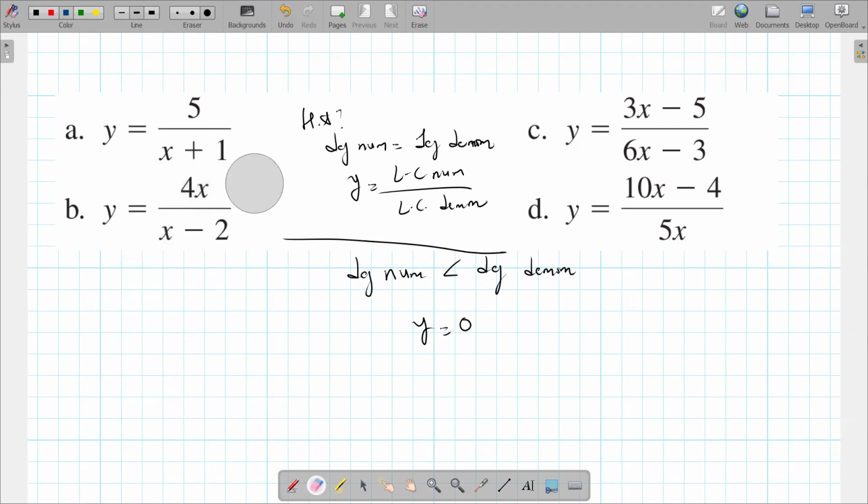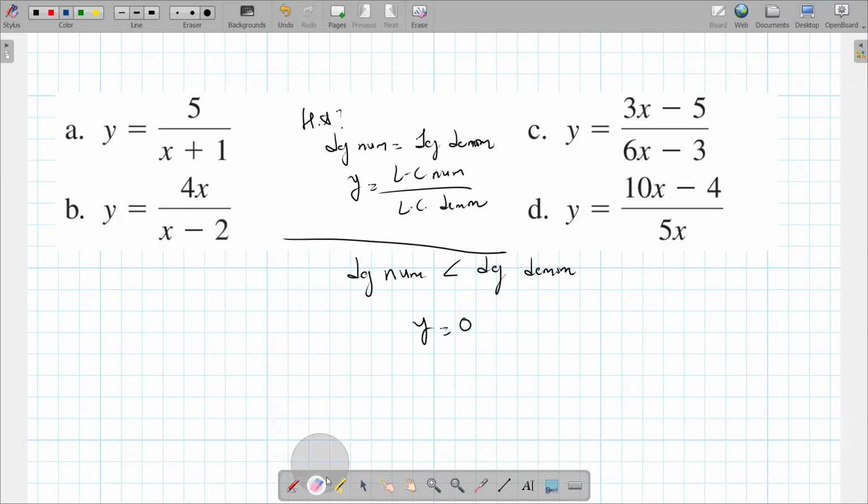What about C? It's 3 over 6, 1 over 2, okay?